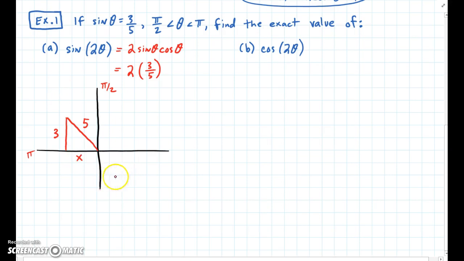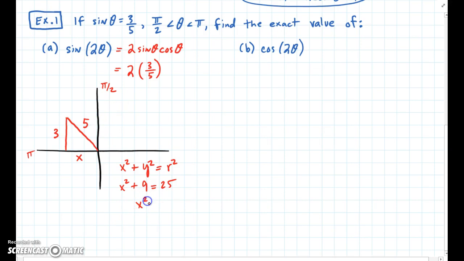We can use the Pythagorean theorem to figure that out. x squared plus y squared equals r squared. x squared is what we're trying to find, y squared is 9, r squared is 25.